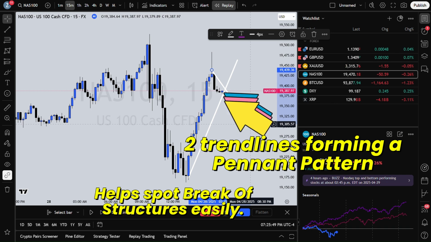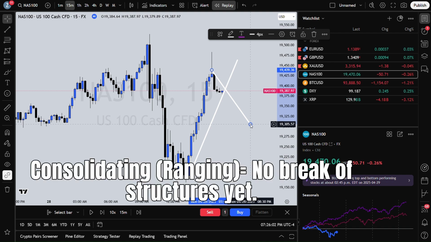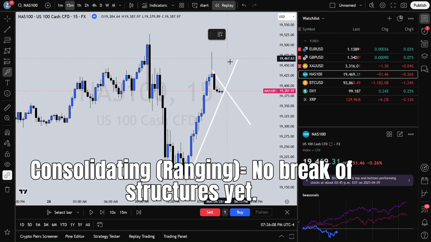So in this case, with what price is doing, if I were getting ready to take a trade, I would tell myself, okay, this is consolidating. This is ranging. How do I know it's ranging? Because there has not been a break of structure yet. There has not been any candle closures. There have not been any candle closures up here, nor have there been any down here.